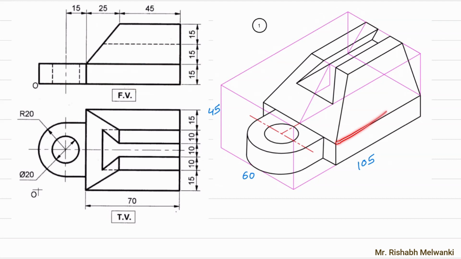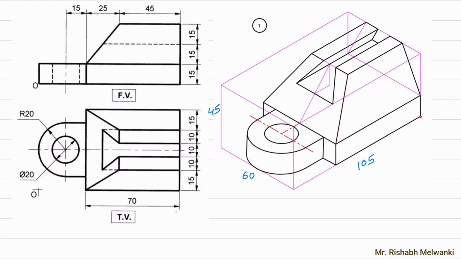These are isometric lines which are parallel to the box, or you can say parallel to the isometric plane. This is the right plane. So the right plane will have this line, and this line is parallel to this line, which is a part of the plane. So this line is an isometric line, whereas this line is not parallel either to the length, nor width, nor height. So this line is not an isometric line.